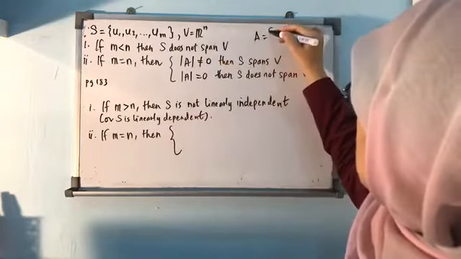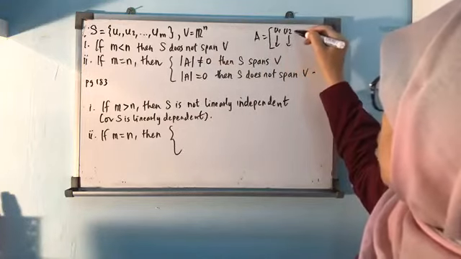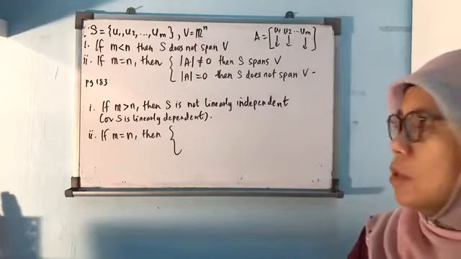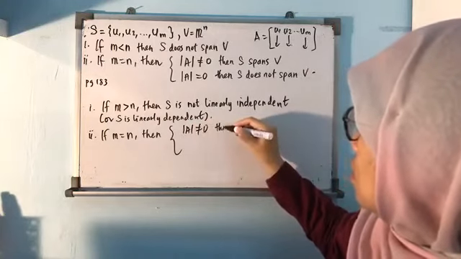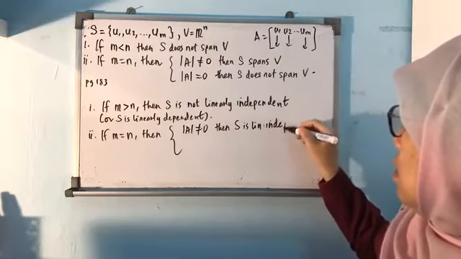A ni yang saya sebut hari tu, you write U1, U2 as column kan? Itu A dia lah.